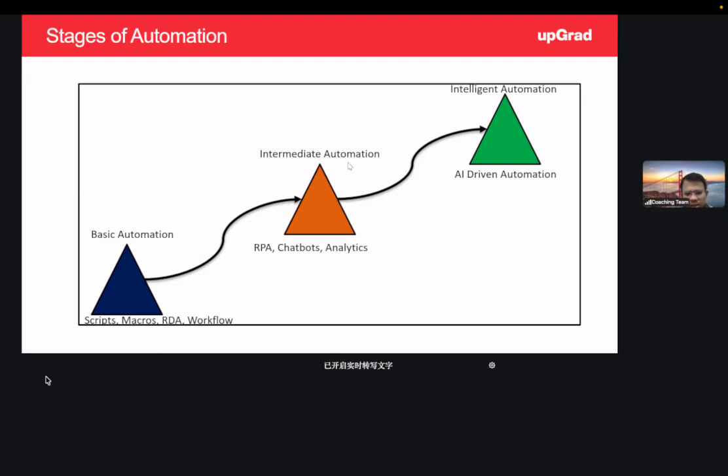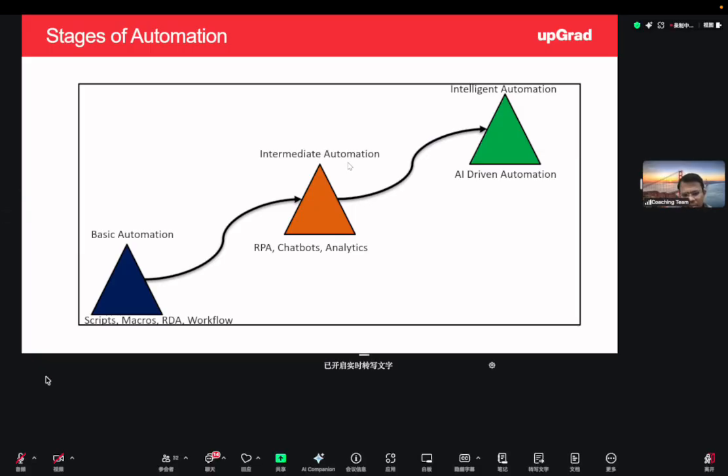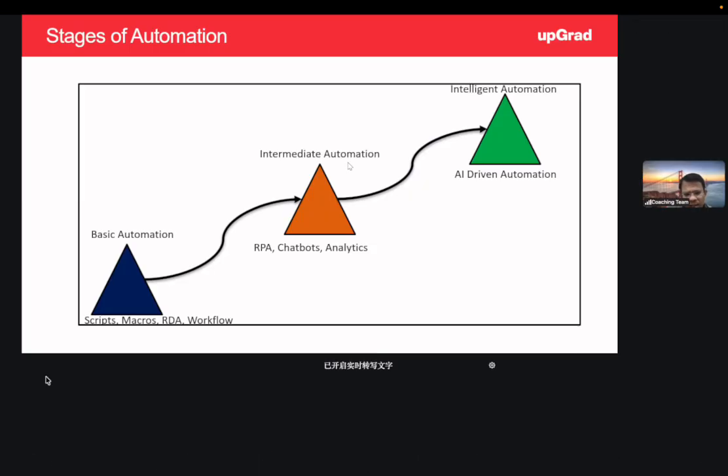Tokens and credits are not the same. Credits, if I'm not wrong, you're talking about the cost scenario if I'm using AI in RPA. Yes, they are related but different.